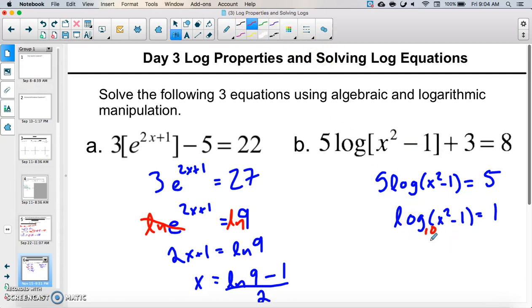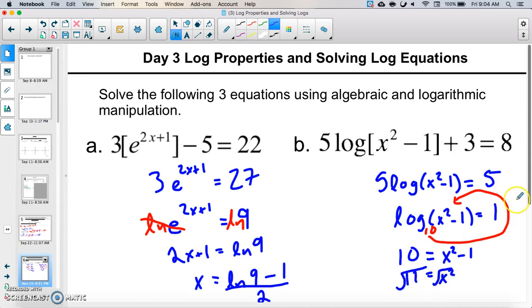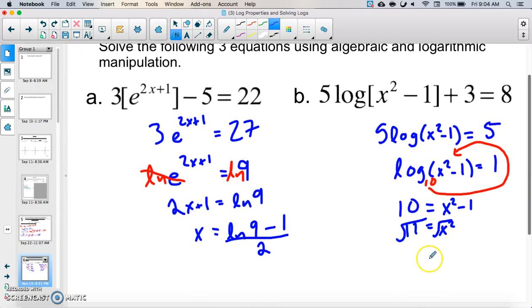So I can use my arrow trick, say 10 to the 1st power gives me x squared minus 1. So we've got 10 to the 1st power is 10 equals x squared minus 1. I can add over that 1, so 11 equals x squared, and then just take the square root of both sides. So our final answer there is going to be x equals plus or minus square root of 11.